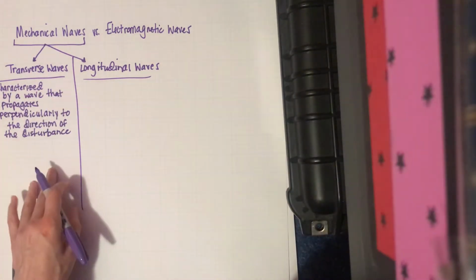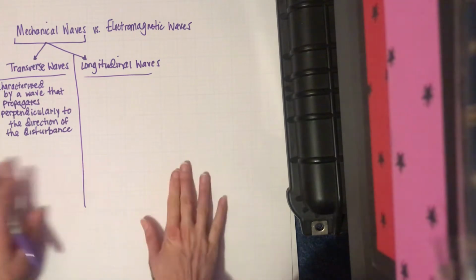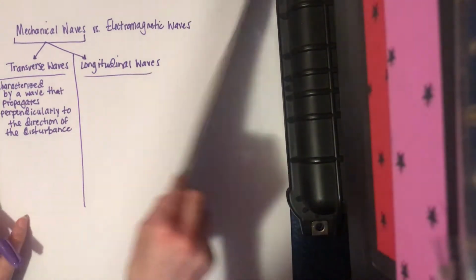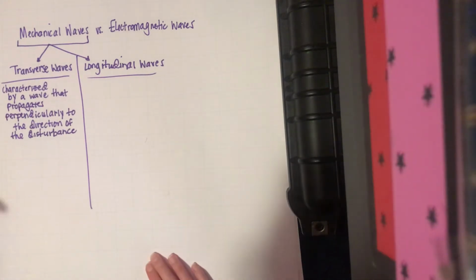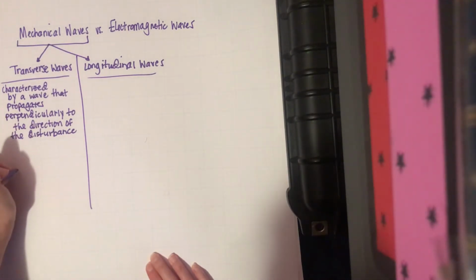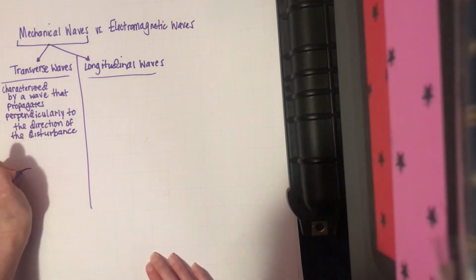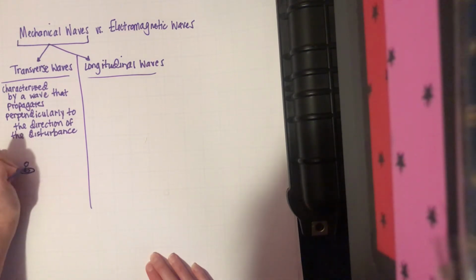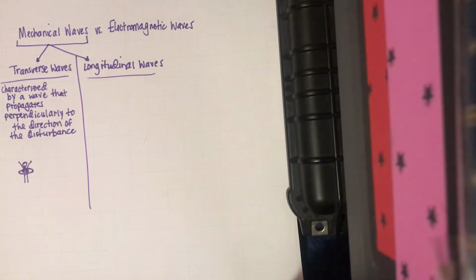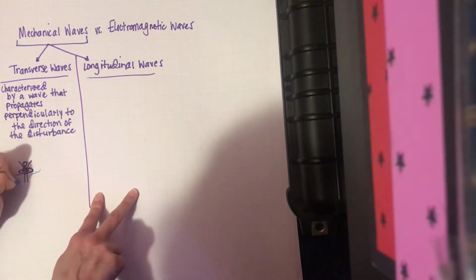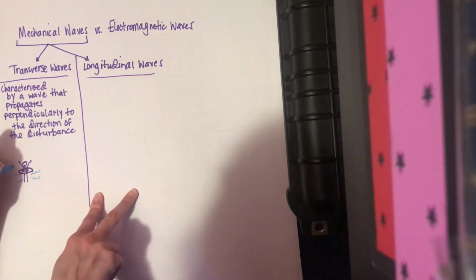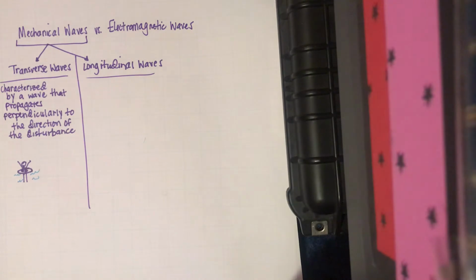What I mean by this is maybe you've gone into a pool with some of your friends. So let's say you're in the pool and you're in a little tube. So let's just say this is someone in a pool, and this person is going to generate waves by oscillating up and down.